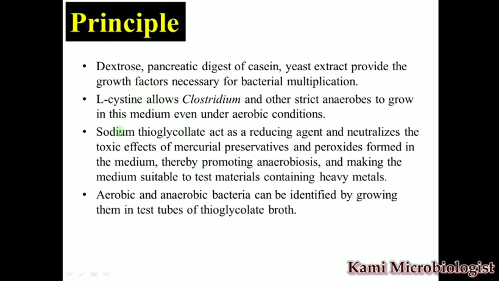So this is the importance of sodium thioglycolate. Then we have aerobic bacteria. Aerobic and anaerobic bacteria can be identified by growing them in the test tube. I will show you how to identify aerobic and anaerobic bacteria in the next slide. So this is the principle, and these are the main purposes.